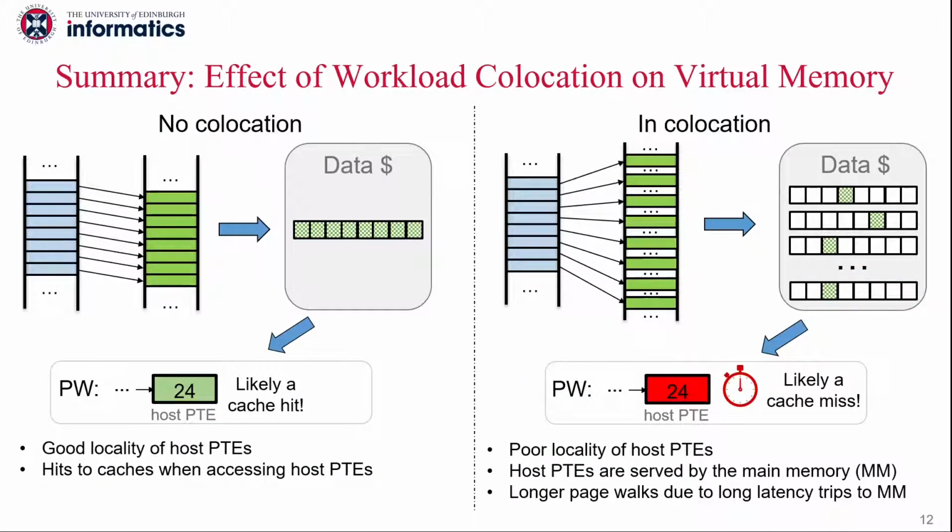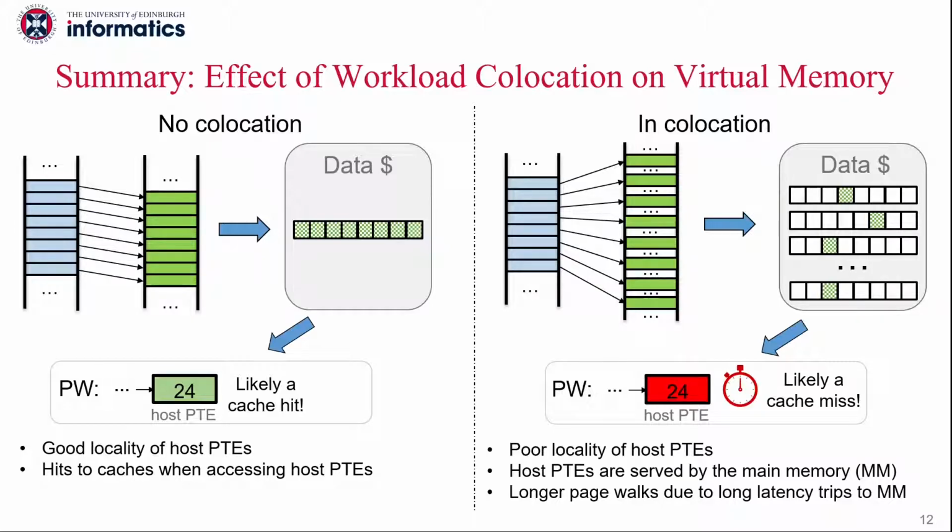To put everything together, during standalone execution, there is no fragmentation in guest physical memory, and contiguity in guest virtual memory is propagated to host virtual memory. Host PTEs corresponding to nearby application pages are packed into one cache line, and page walks can reuse this cache line.